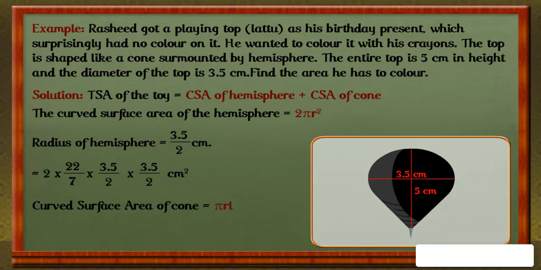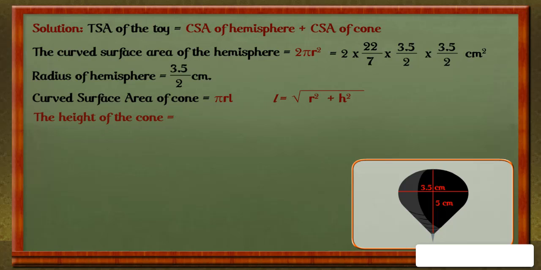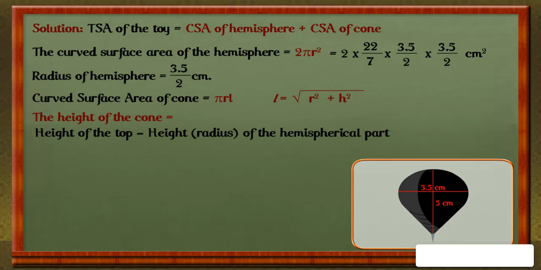Curved surface area of cone is equal to pi r l. For this we have to find the value of slant height, for which we need the height and radius of the cone. So, the height of the cone is equal to height of the top minus height or radius of the hemispherical part, that is 5 minus 3.5 by 2 centimeters, which is equal to 3.25 centimeters.